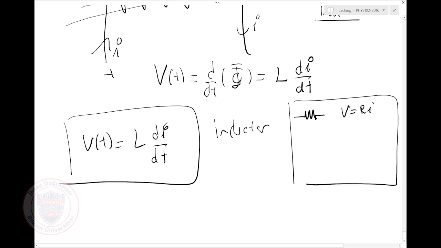V was R times I. We knew the capacitor, where the current voltage relation was what? I was C dV dt, right? The current was basically just time derivative of charge, which was C times V. So now I have my third circuit element, which we call the inductor.